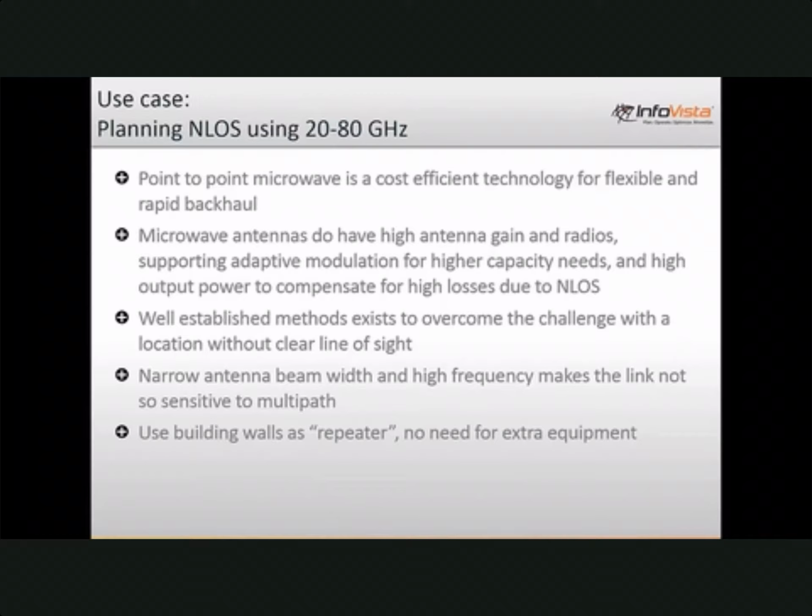Also higher modulations, which means that you can support up to 400 megabit also with a no line of sight connection. When you use reflection, for example, you use the building walls as a repeater, so it means you don't need any extra equipment. You just need what you can find out there already, so it's no extra cost for that part either.